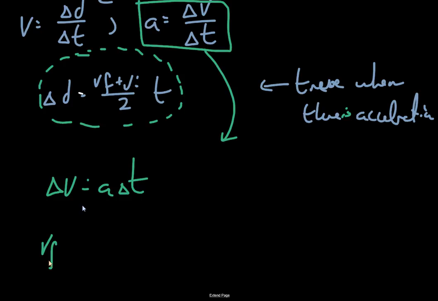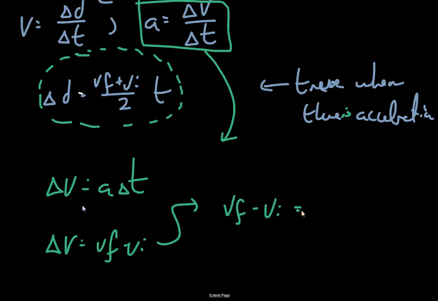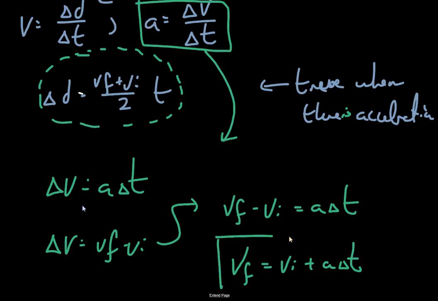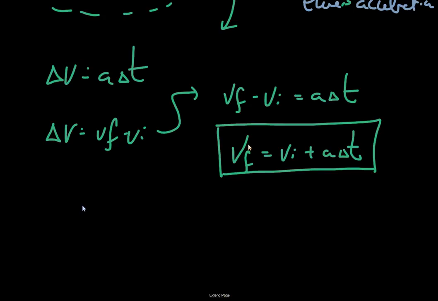Delta V is found as Vf minus Vi. So we can rewrite this as Vf minus Vi equals acceleration times time. Or one more isolation, final velocity equals Vi plus At. So I just rearranged this formula to solve for that.